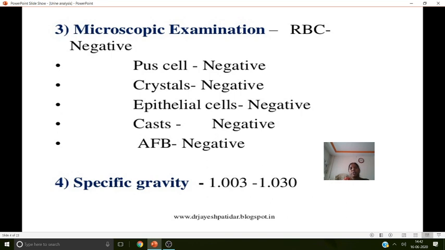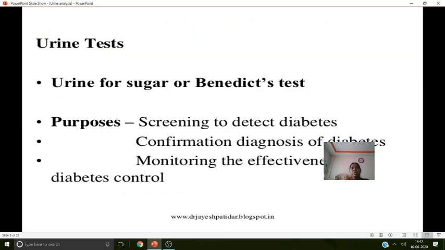These will be negative in a normal person. And the specific gravity of the urine is 1.003 to 1.030. So these are all the normal findings.